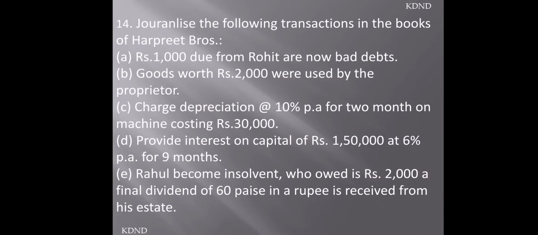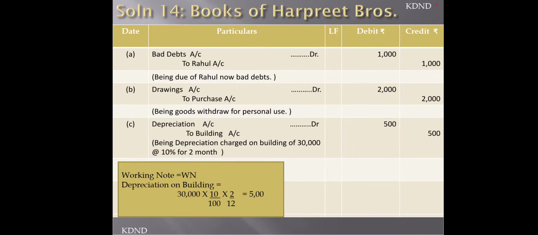Next comes: charge depreciation at the rate of 10% per annum for 2 months on machine costing 30,000. So we are charging depreciation. Depreciation is a non-cash loss to the assets. So we are going to decrease the value of assets, and depreciation itself is an expense. So the entry is depreciation account debit to machinery, being depreciation charged on machine 30,000 at the rate of 10% for 2 months.